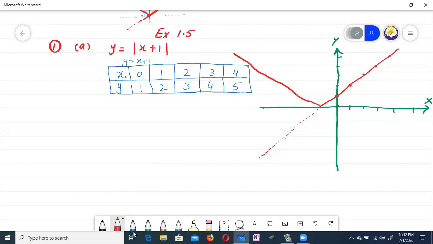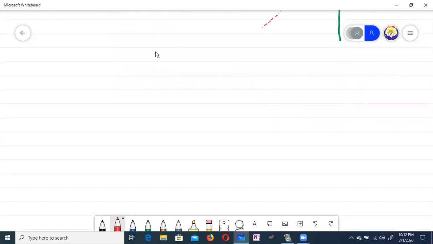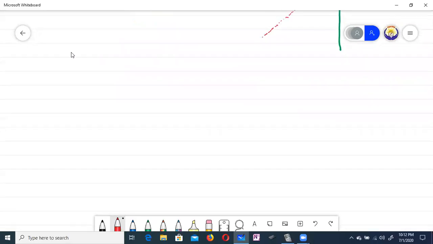Now we are going to do the last part, part F. Part F here is y equal to modulus of 6 minus 1 divided by 3x.